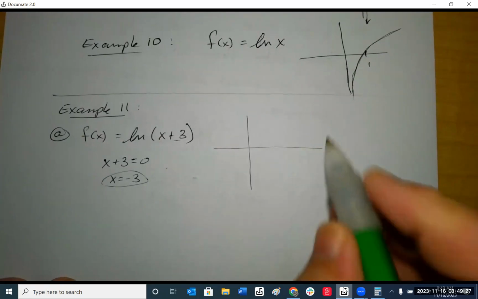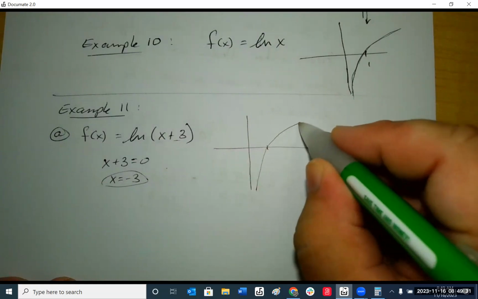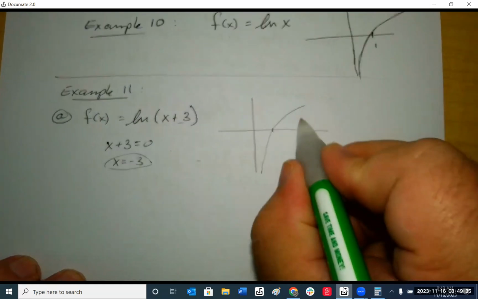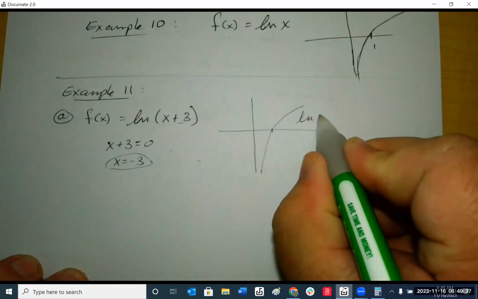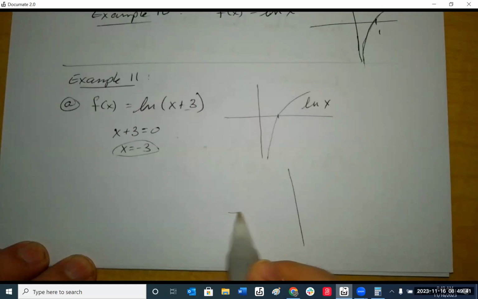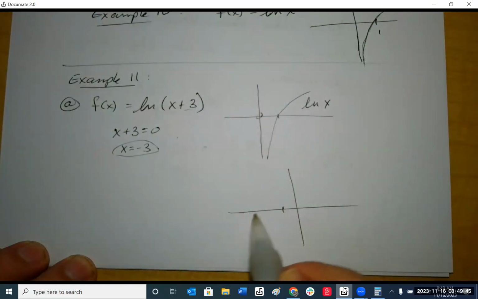So our original graph looks like this. This is ln of x. But our graph, the origin, moves back 3 spaces.